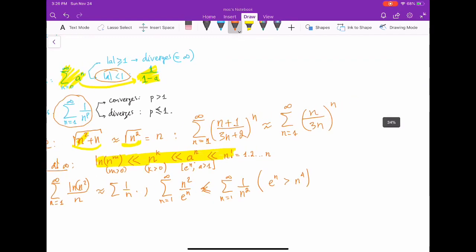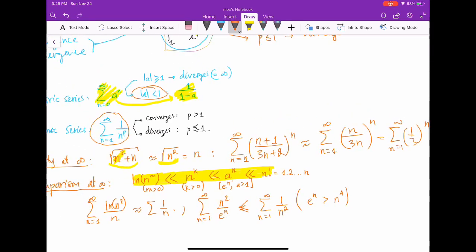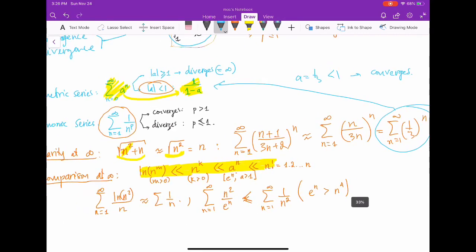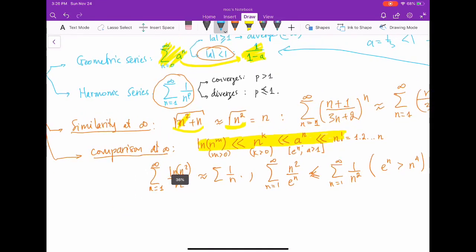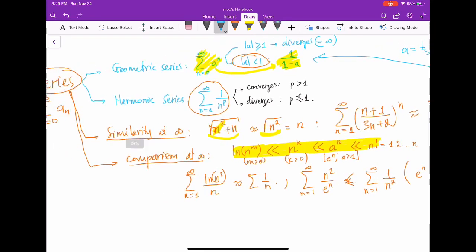And then this is just 1 over 3 to the n. And we know that this is a geometric series. So since a is equal to 1/3, less than 1, the series converges. That is a typical example where we can apply similarity at infinity and comparison to reduce our series into a geometric or harmonic series. Okay?